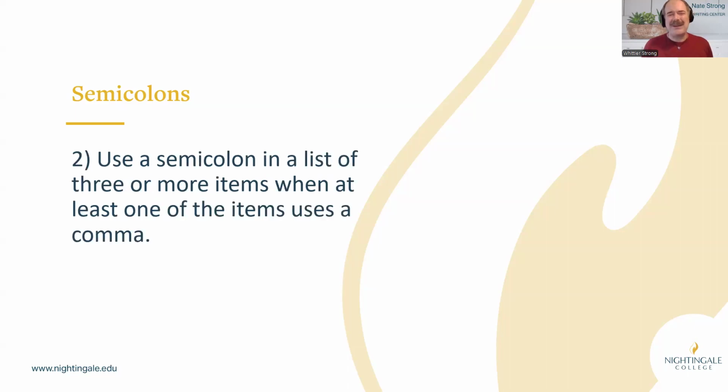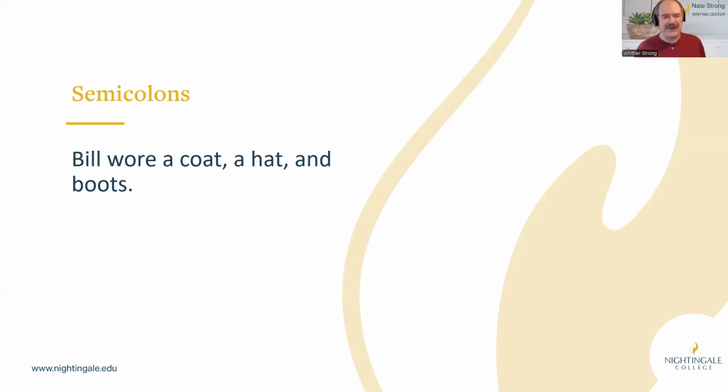You'll use a semicolon in a list of 3 or more items when at least one of the items uses a comma. All right, let's put this in action by first seeing a simpler sentence that does not use a semicolon. Bill wore a coat, a hat, and boots.